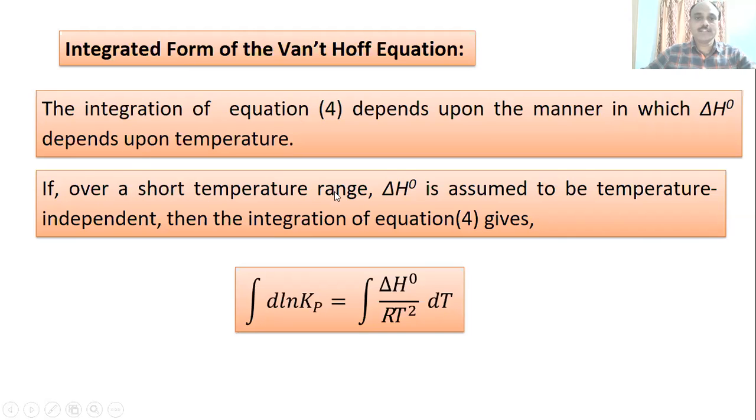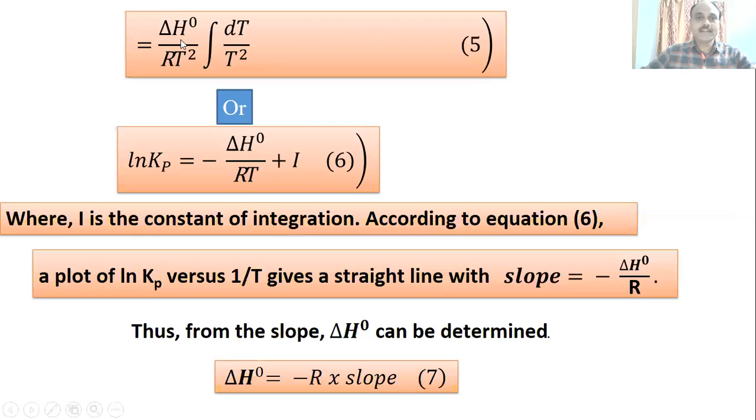If over a short temperature range delta H naught is assumed to be temperature independent, then integration of equation 4 gives the integral of d ln Kp equal to the integral of delta H naught by RT square into dT, that is, delta H naught by R times the integral of dT by T square.